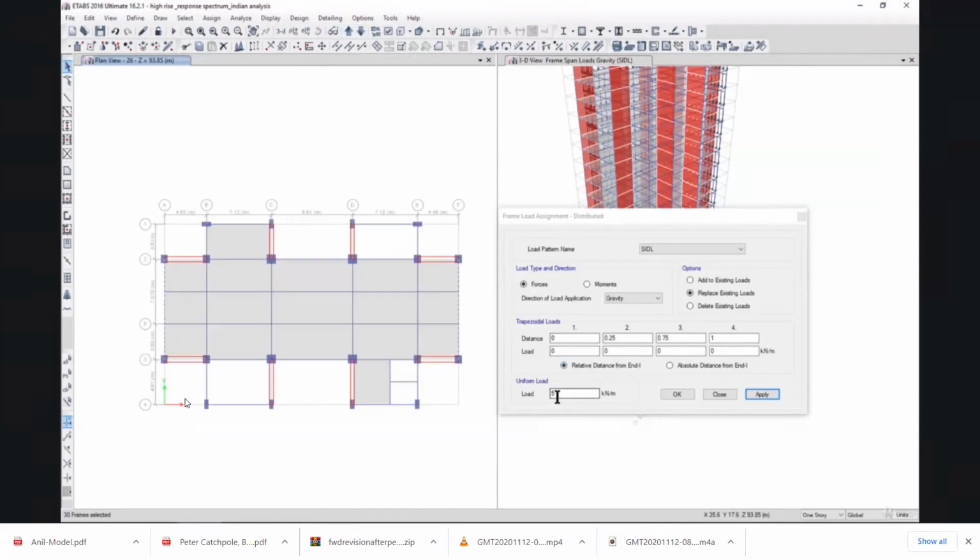So we have considered the value of 5 kN per meter for the glazing load, SIDL, and then left click on apply. Total 30 frames are selected, that is on 15 floors.